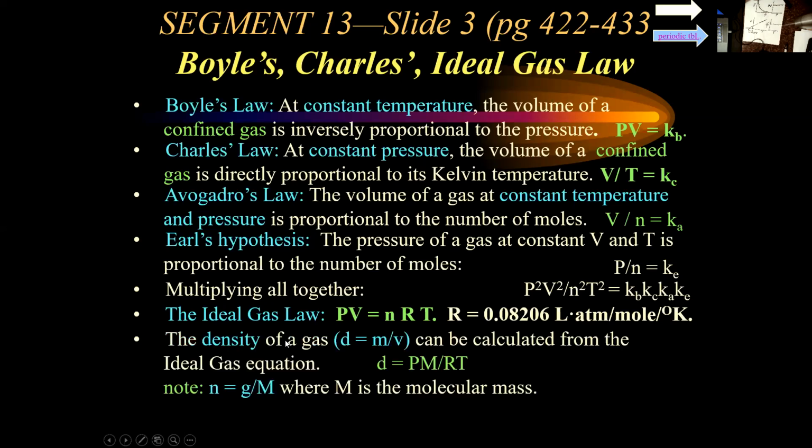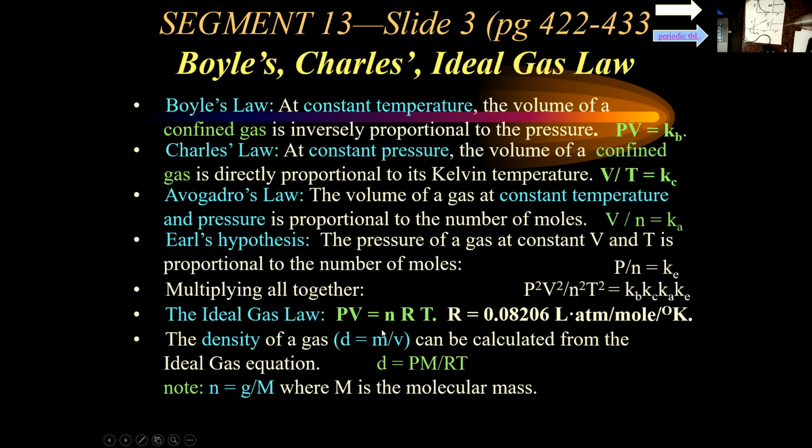And that allows us to do a lot of calculations. For example, we can calculate the density of a gas. The density is mass over volume. So if I'm using the ideal gas equation to measure the density of a gas, it would be the pressure times the molar mass divided by R and T. You can derive that because n is the mass divided by molecular weight.